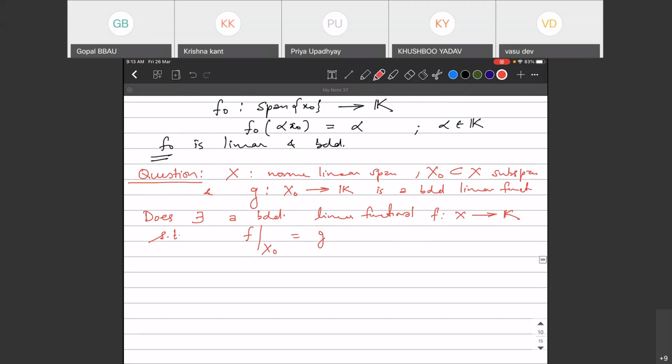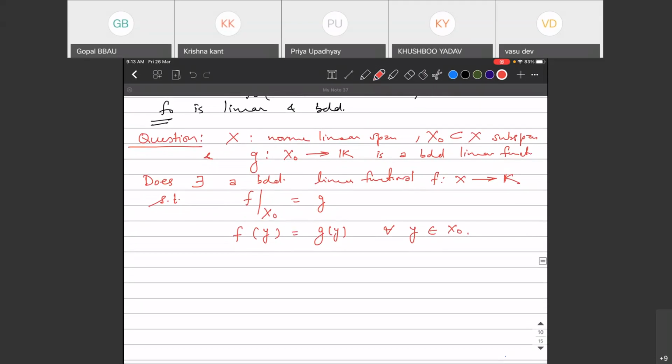That means f of y equals g of y, and this is true for all y in X naught. If this happens, we say f is an extension of g.